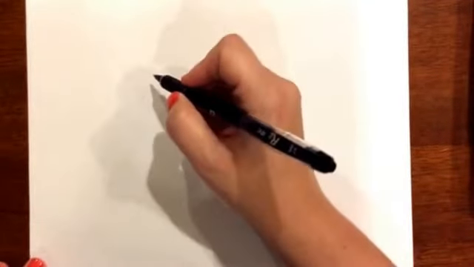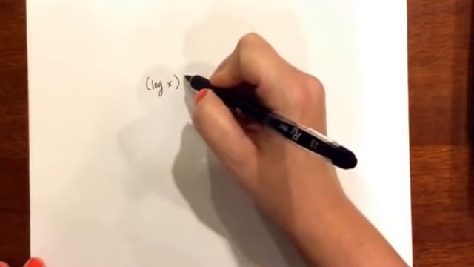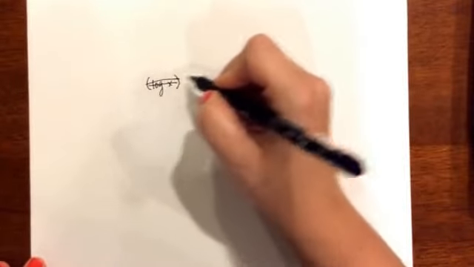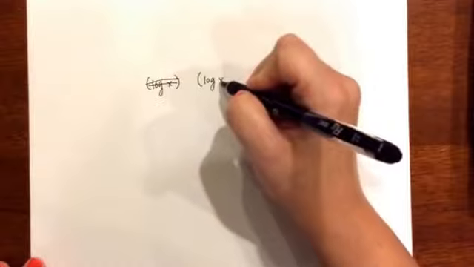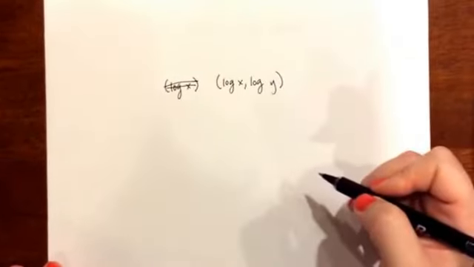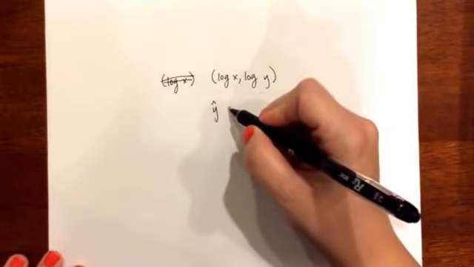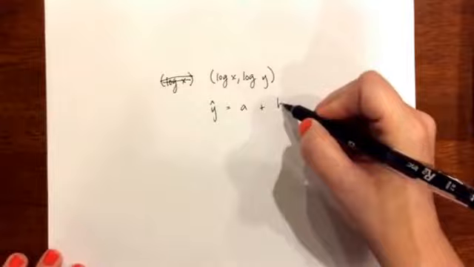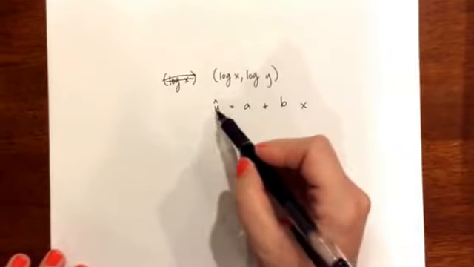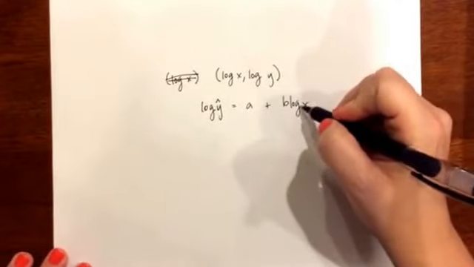Okay, so like we said, log x and log y is going to create a linear model. So we used to say y equals a plus bx, but now we're using the log of y and the log of x.